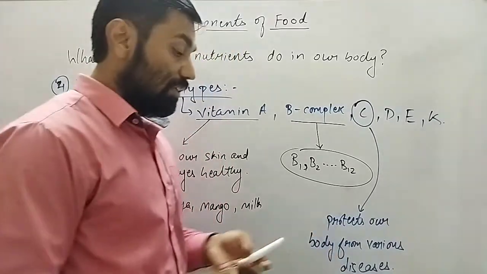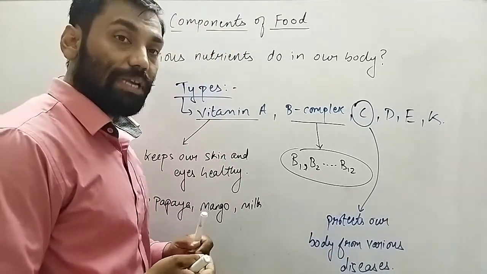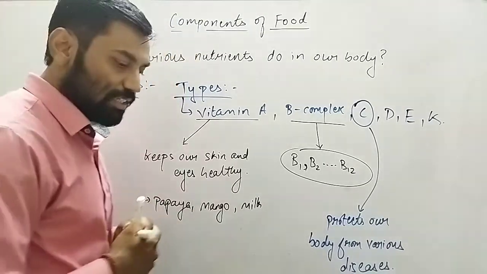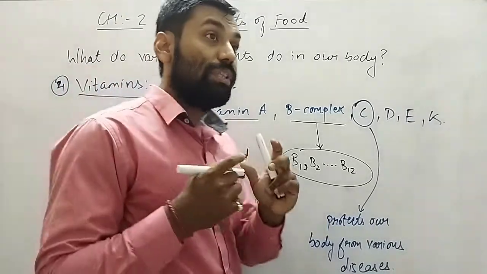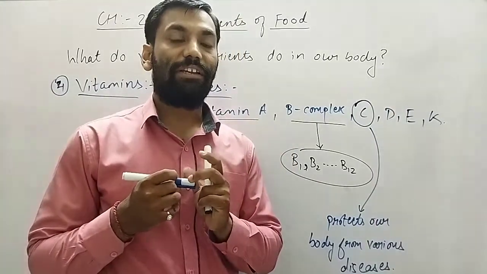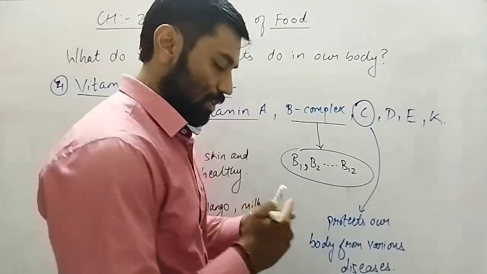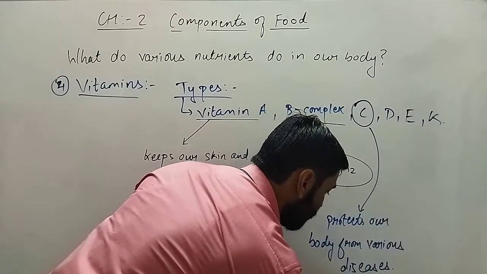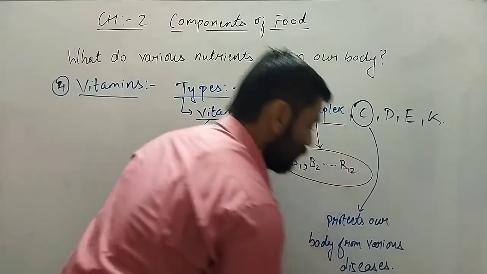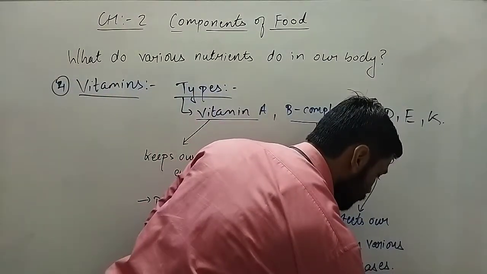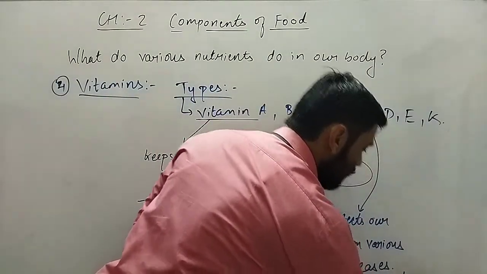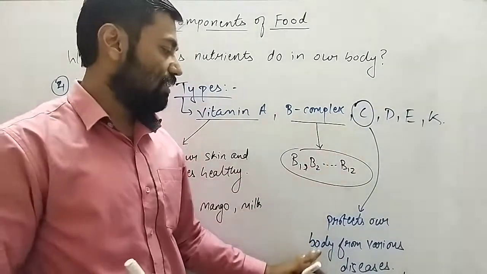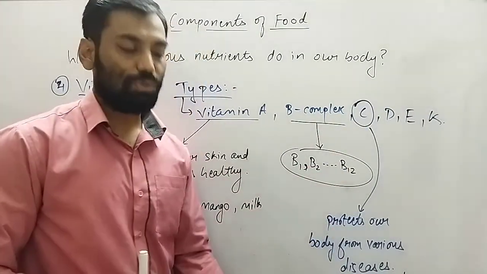What are the substances from which we get vitamin C? Generally we get vitamin C from foods that are sour in taste, खट्टे food जो होते हैं वो, like orange, lemon, and amla. Many other examples are possible. So this is what vitamin C does in our body and what its sources are.